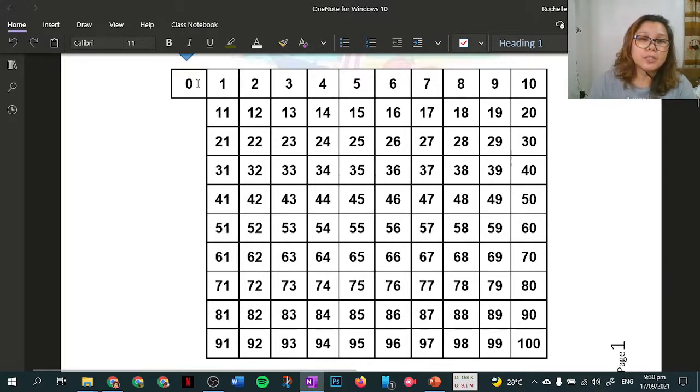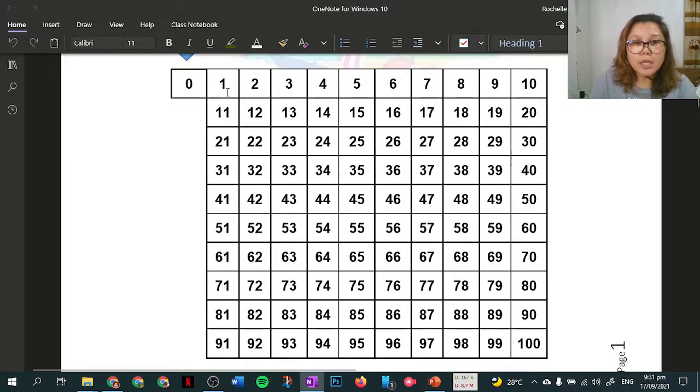So I won't say each number anymore because I know you know how. It's just that some might miss a number in the series. So what you can do is try to study the order. So makikita nyo, if this is written from 1 to 10, then the following numbers, it will be 11 to 20, tapos 21 to 30, 31 to 40, 41 to 50, and so on and so forth.